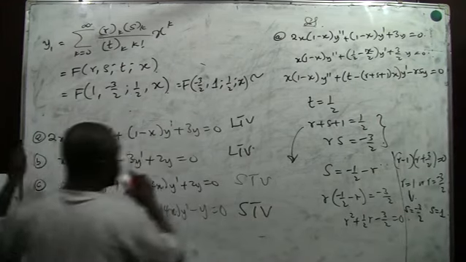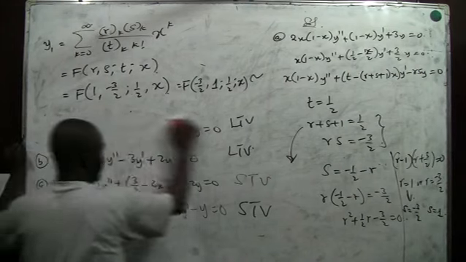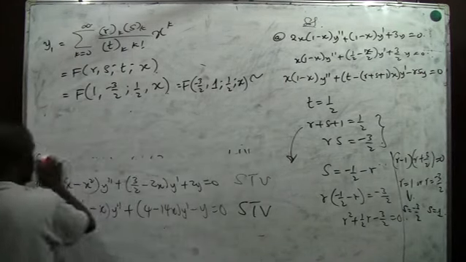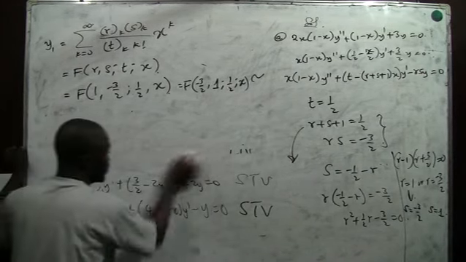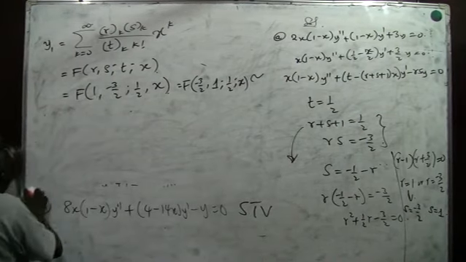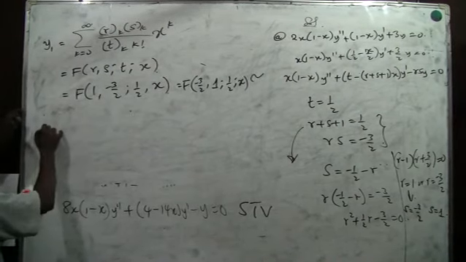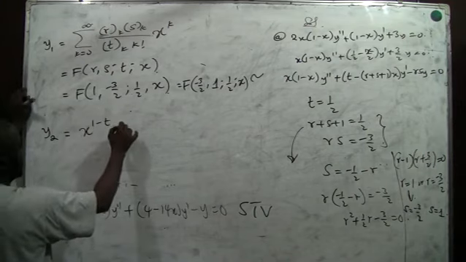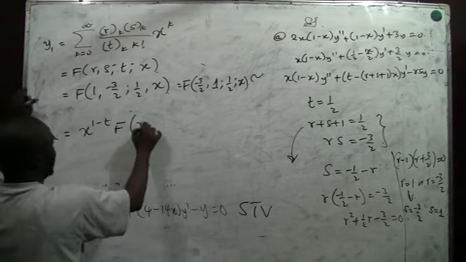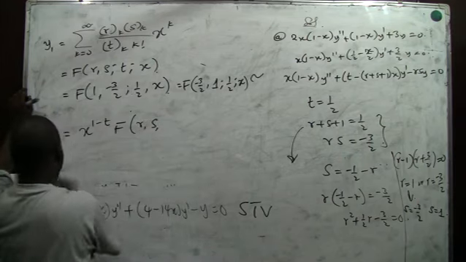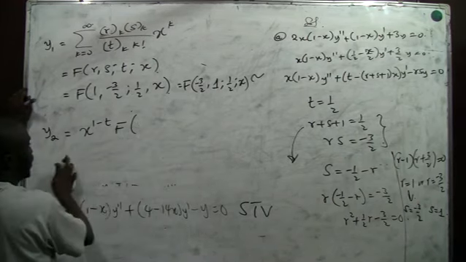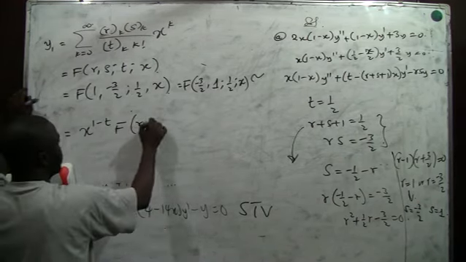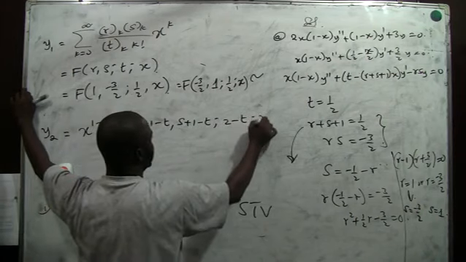So the second solution to that equation will be y2, which is written as x to the power 1 minus t, F r plus 1 minus t comma s plus 1 minus t; 2 minus t; x.